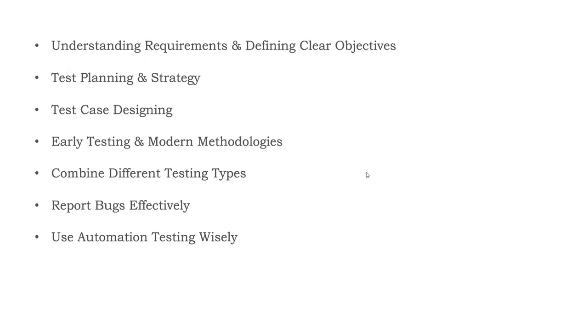You can integrate it with CI/CD tools, so whenever there is a new build, automation will run immediately. All this you can use wisely, and with different automation, like if you are using Selenium and Java, you have to be in a planned way. That will help us maintain the best practices of software testing.